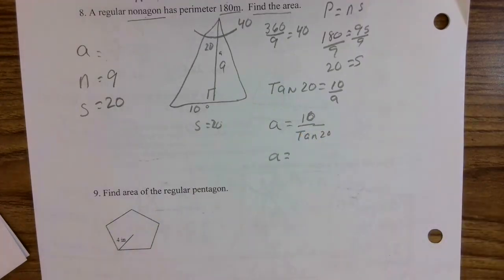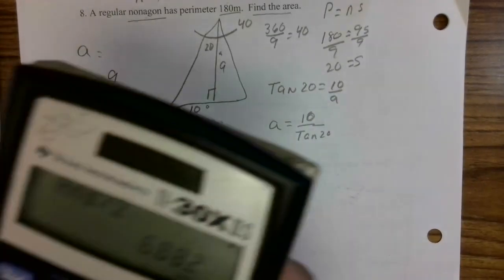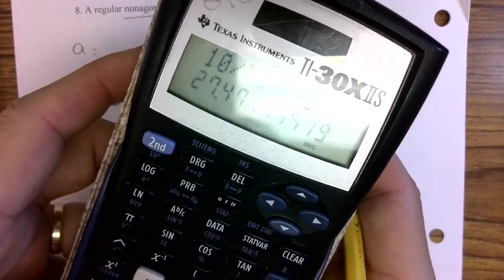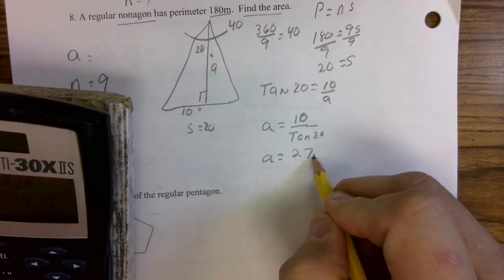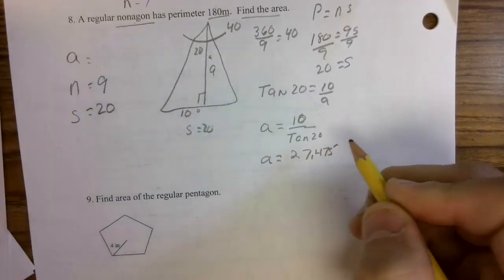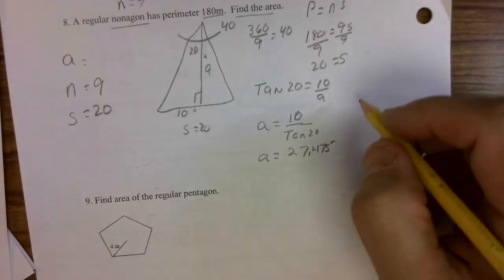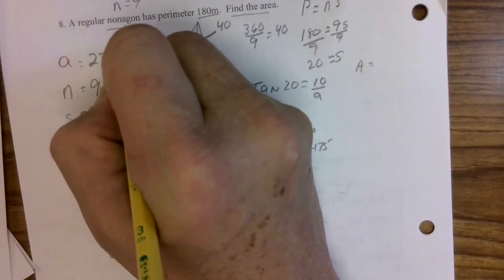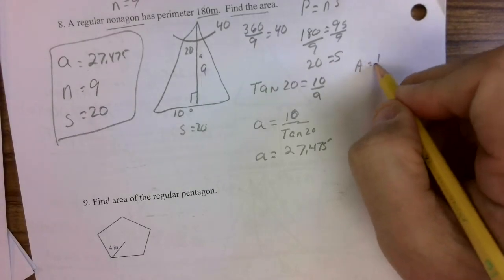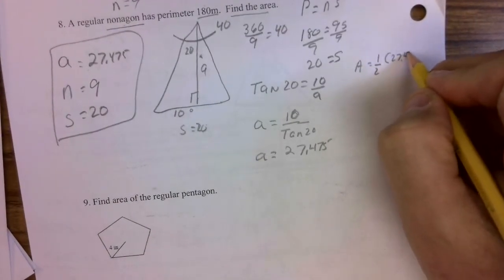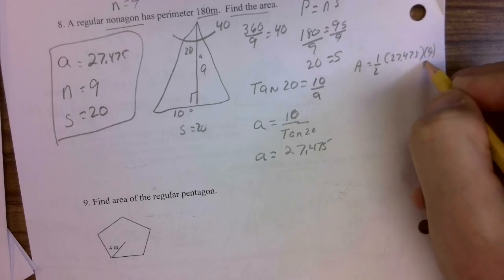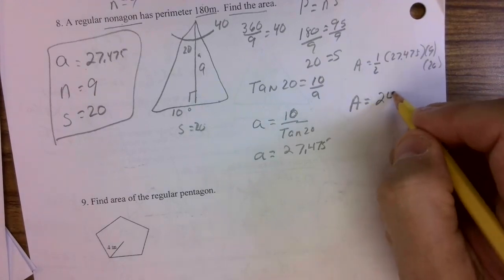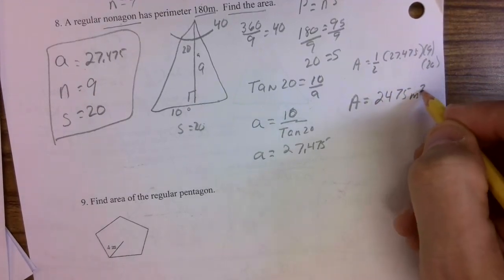I don't think I did that one yet, so I will do this on my calculator. 10 divided by tangent of 20, 27.475. So then if we put this in our formula, 1/2 times 27.475 times 9 times 20. Our area would be approximately 2475 meters squared.